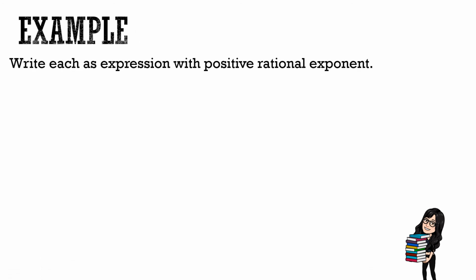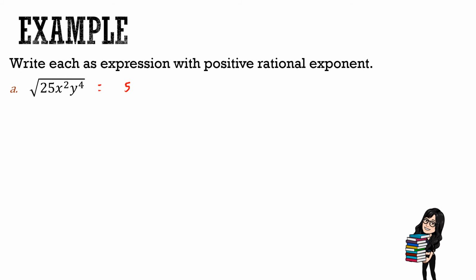Write each as an expression with positive rational exponent. Square root of 25 x squared y to the fourth. The first step is to get the square root of 25, which is 5. Then the exponent of each variable inside the radical sign, which is the radicand, will be divided by the index.